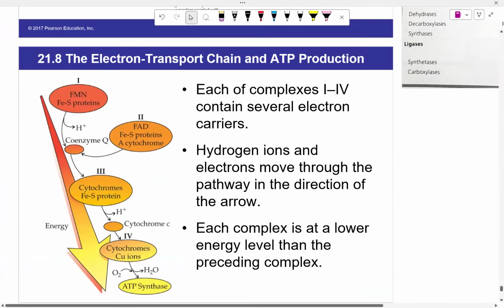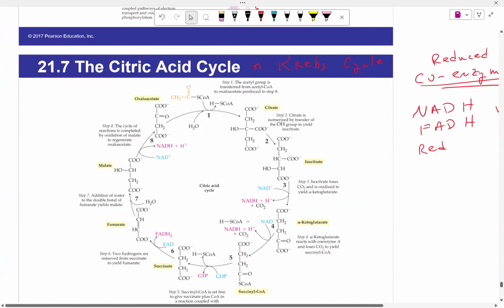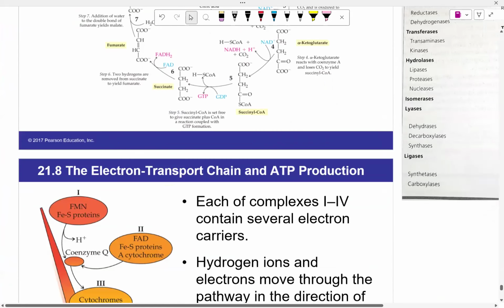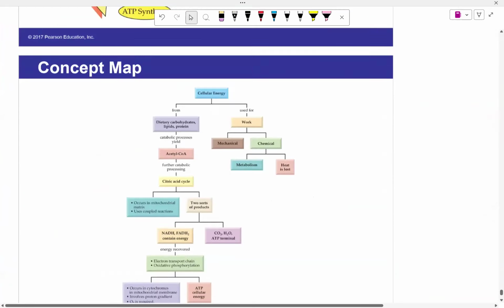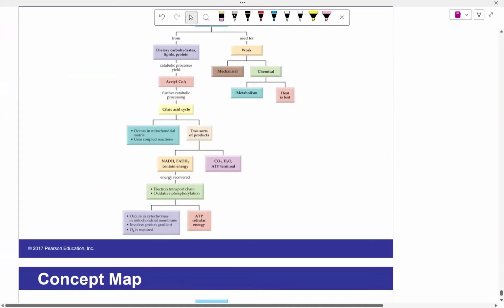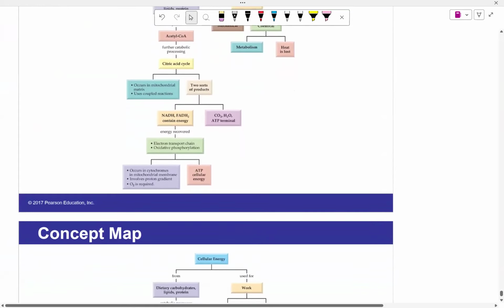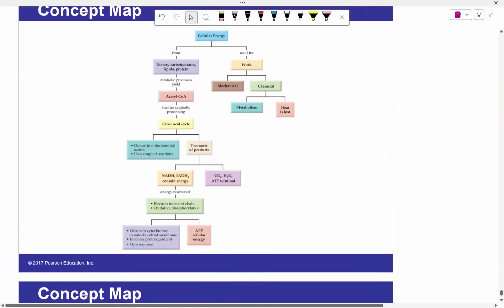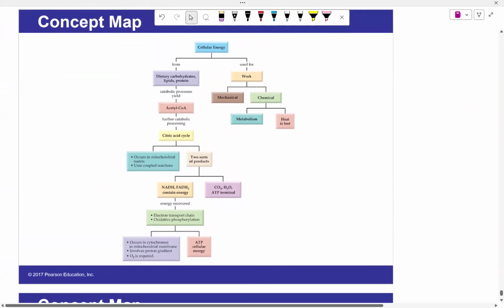So don't worry about memorizing this, but you need to get used to using it. Okay. Let's see here. All right, so this is where we are right now. And we're going to be going down this path here.